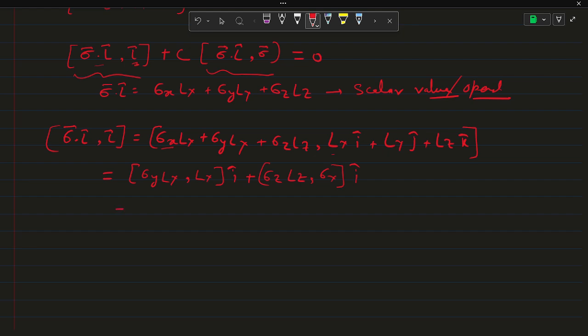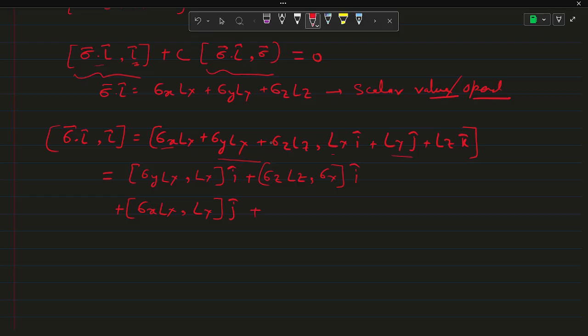Now another term, sigma x Lx Ly j cap plus second part, again this will be 0.